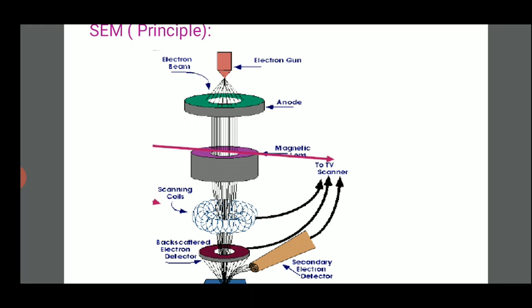Backscattered electrons that come from the sample may also be used to form an image. These backscattered electron images are often used in analytical SEM along with the spectrum made from the characteristic X-rays.